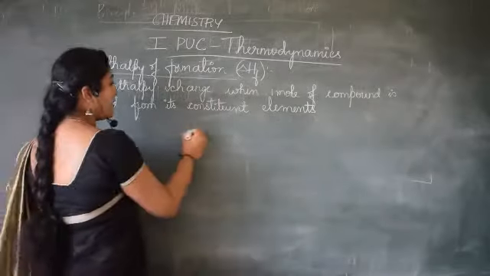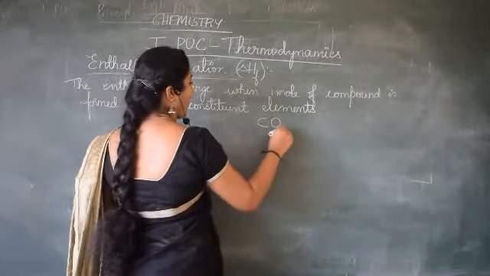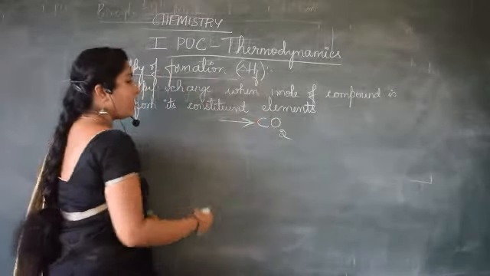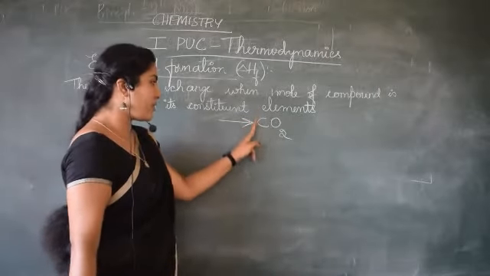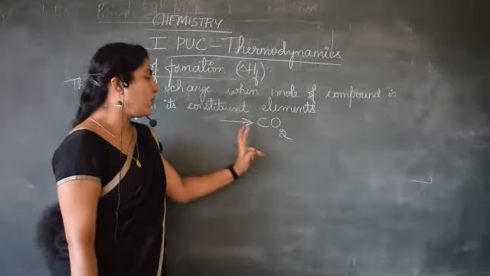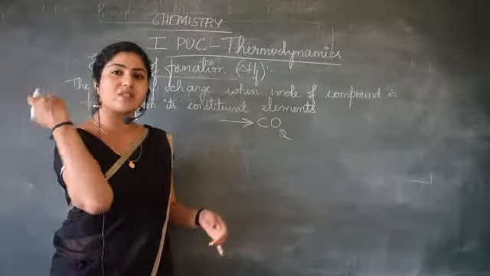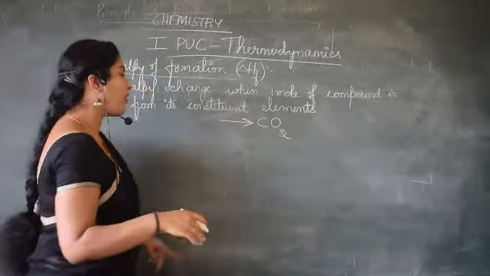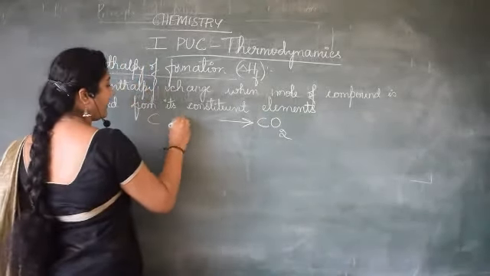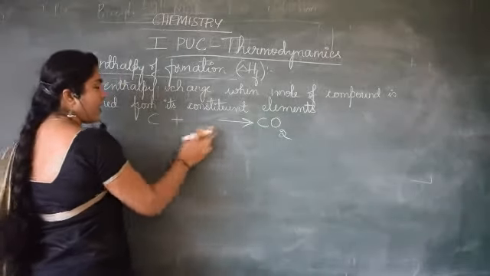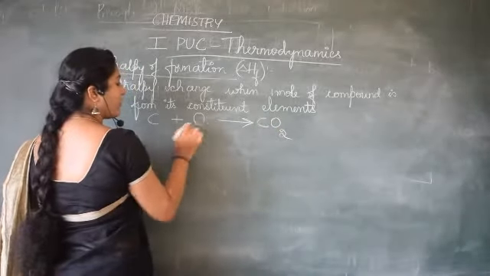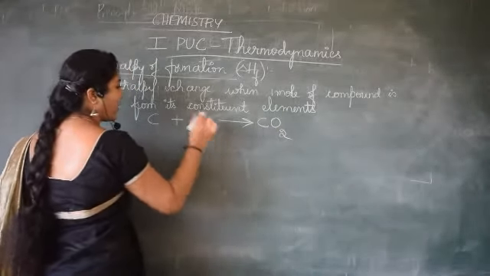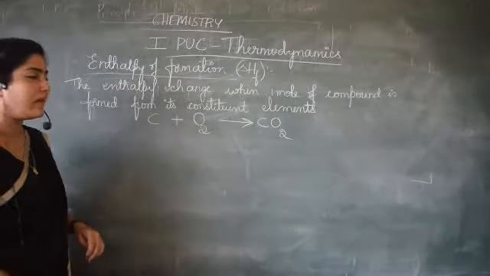For example, if 1 mole of carbon dioxide has to be formed, you should not balance this part, you know that 1 mole of carbon dioxide is from its constituent elements. What are the constituent elements here? One is carbon, which we write as C. One more is oxygen. Oxygen we don't write as O, we write it as O2 because it is a diatomic molecule.